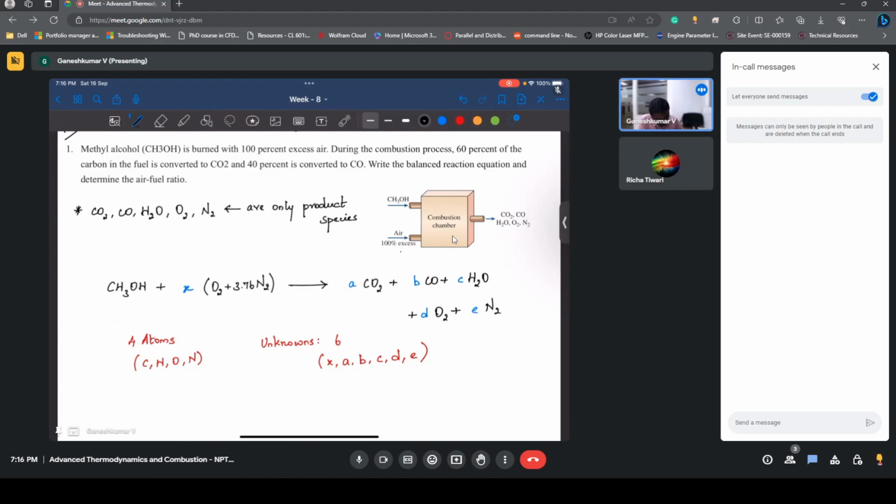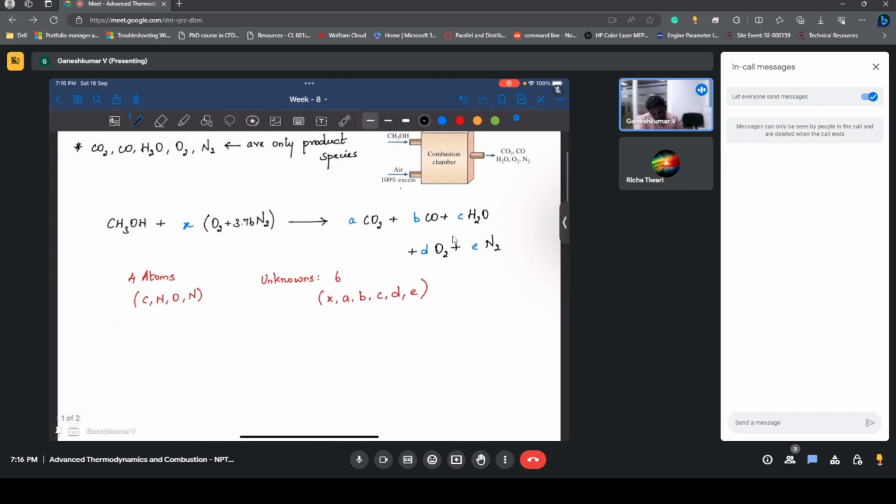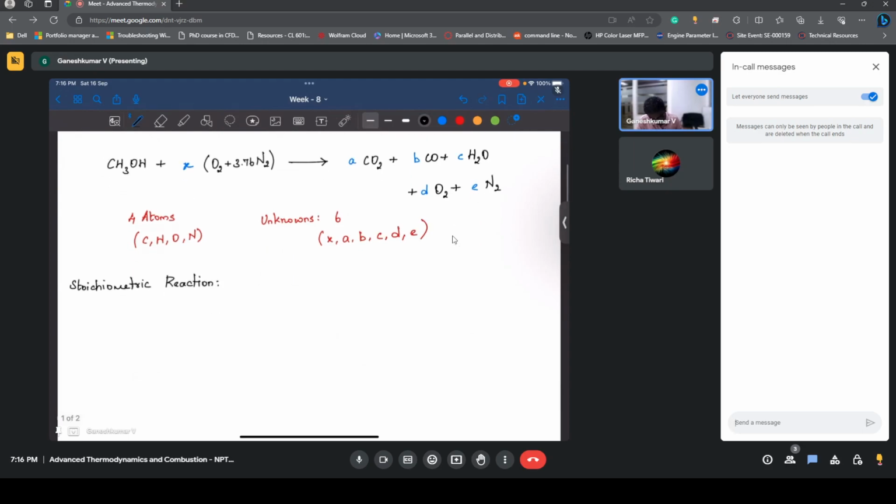How many moles are present? So how do we do that? If you want to know how much is excess, first you need to know how much is the right amount, right? So basically we need to find the stoichiometric reaction. In a stoichiometric reaction, we will have ideal combustion products.